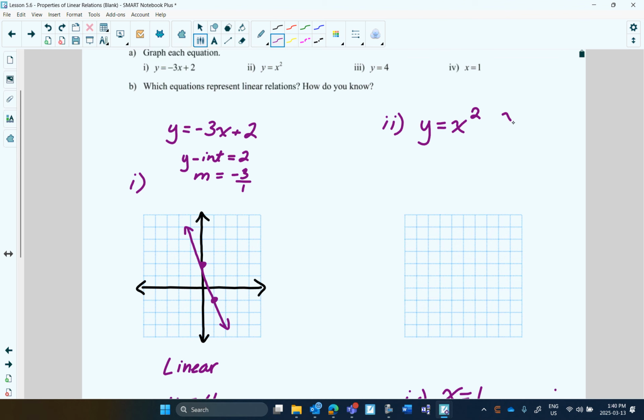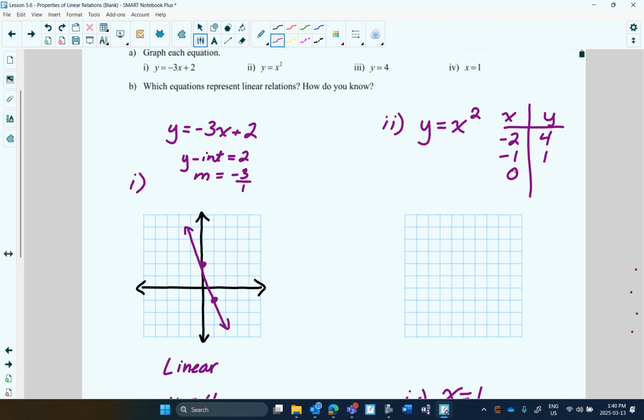So we're going to do a table of values. And I'm going to give you the numbers. If I told you that x was -2, what would y be? Positive 4, because -2 squared is positive 4. If I told you that x was -1, what's y? 1.